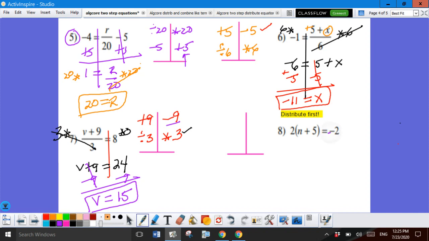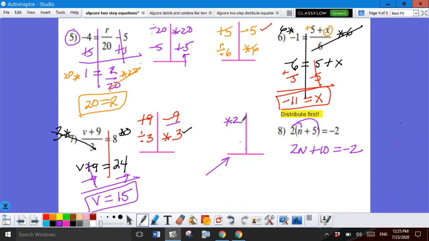Okay, now, let's look at this next one. So if I cover up this negative 2, I'm just going to cross this out real quick, then we see that this is a distribution, okay? And when we see distribution, we are going to distribute first. We're always going to distribute first. The less numbers we have, the better before we make our steps. So we're going to multiply. 2n, we're going to multiply again, plus 10. Okay, now we're going to go here.